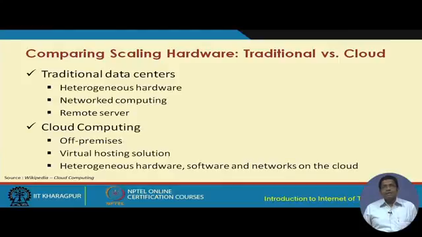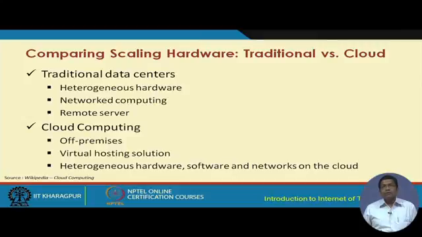For example, with respect to hardware, the traditional data centers used heterogeneous hardware, different types of hardware purchased through different means, with different groups purchasing and so on. Heterogeneous hardware with network computing and a remote server.